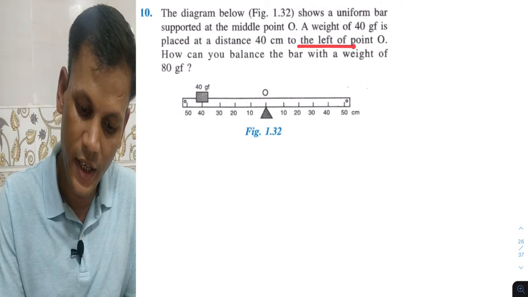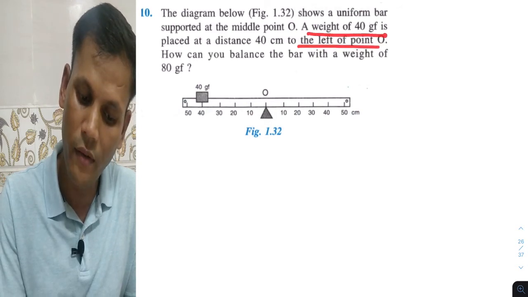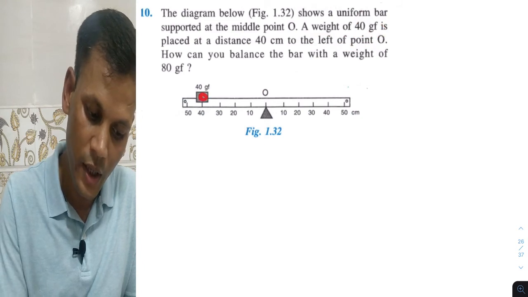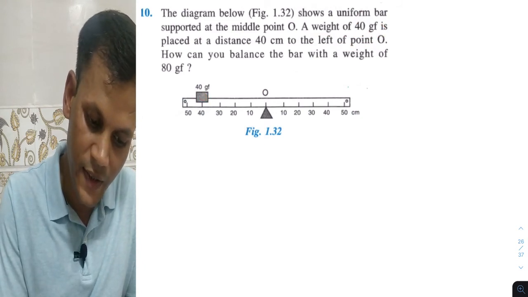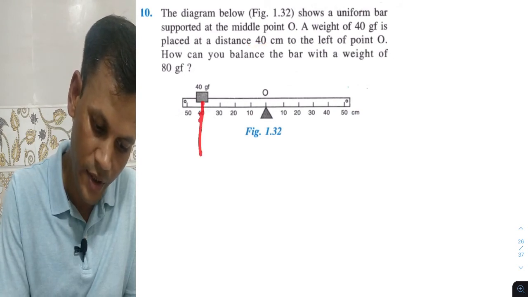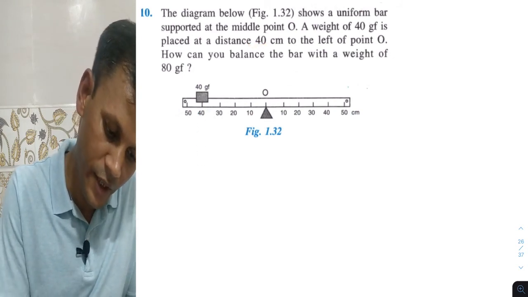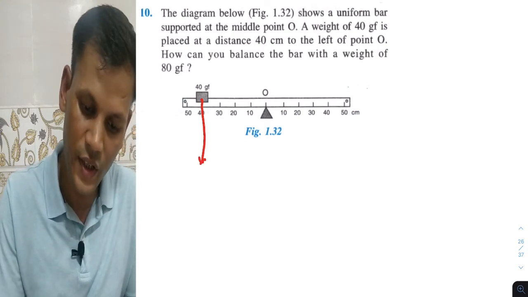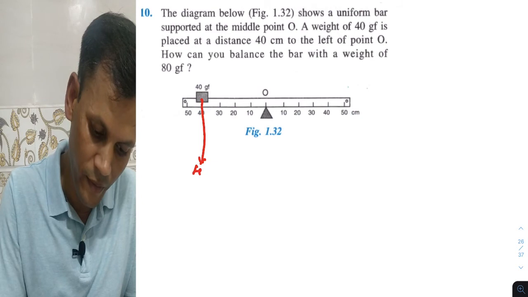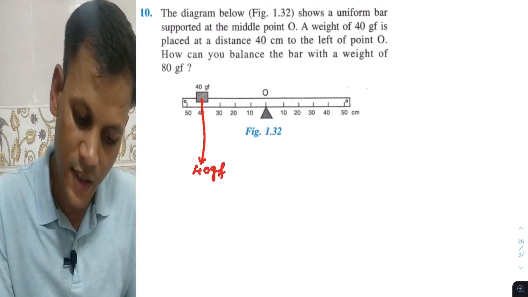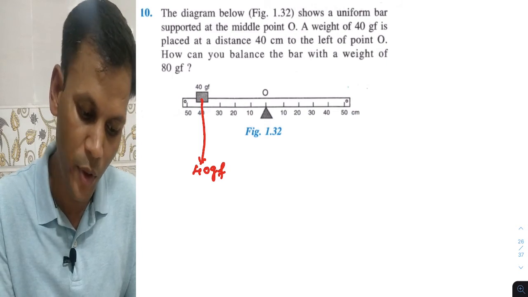To the left, a weight of 40 gram force is placed at a distance of 40 centimeter. This is the 40 centimeter. So we can draw it like this. It is 40 gram force at the mark of 40 centimeter. It is 40 gram force because its direction will be downward. It is placed at a distance to the left of the point O.